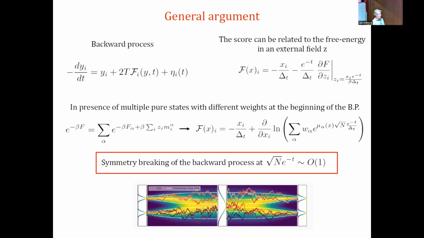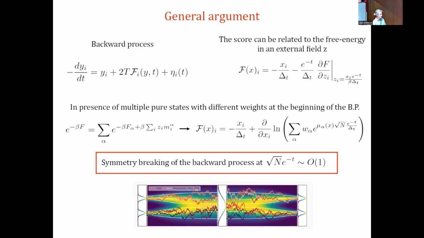Here is the score. Now the very interesting thing about the score, and this is also why I think all this is related to how equilibrium thermodynamics works, and also all these ideas which came from Joyce, is that the score, if you look at what it is, has a simple part, and then what you have here is the derivative of the free energy with respect to an external magnetic field.